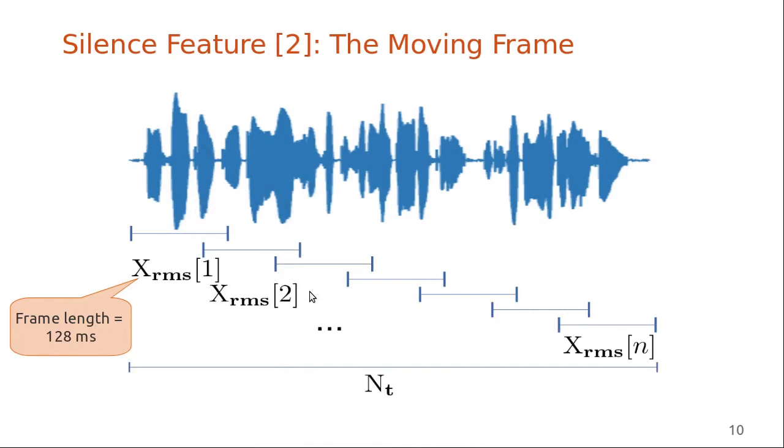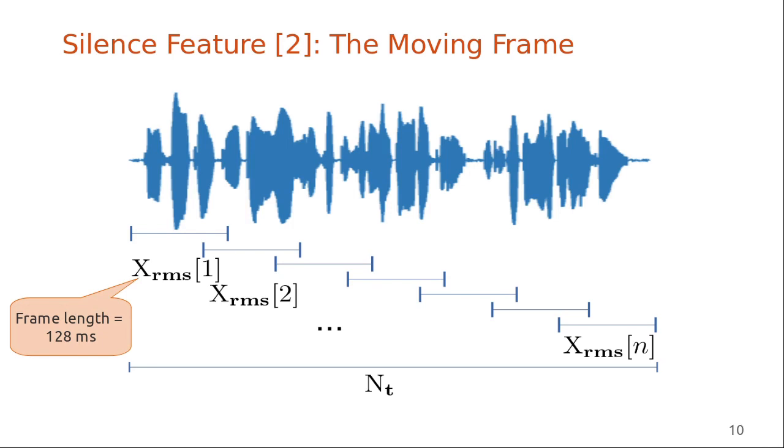So we can see here an utterance is divided into many frames, the moving frames. For each frame, we calculate the RMS energy of the signal and then determine if that frame belongs to silence or not by a threshold. For example, using 0.3 or 0.4 of average RMS energy as the threshold.